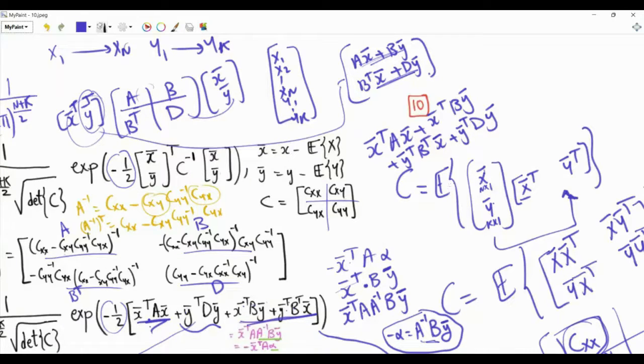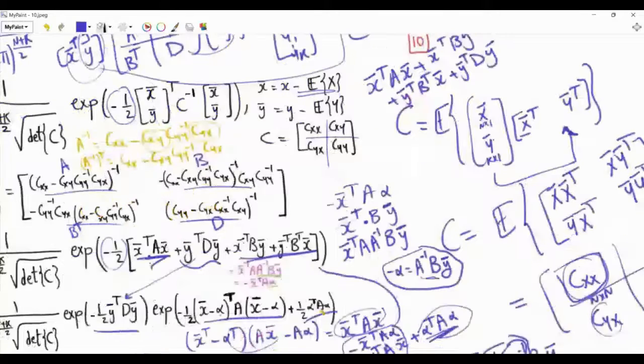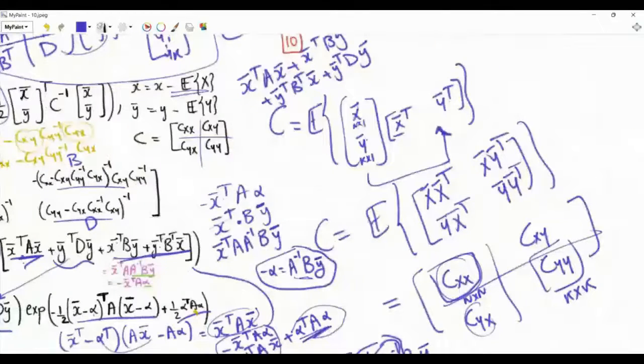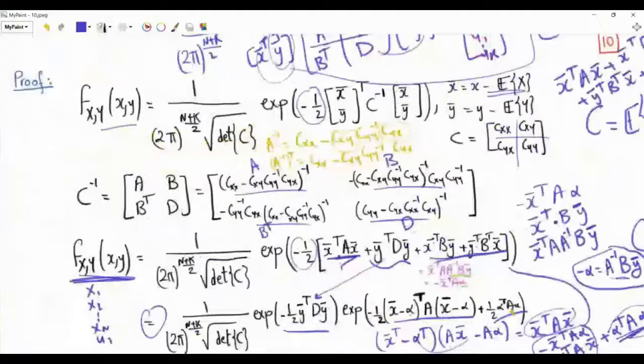And the covariance matrix is the expectation of the outer product of the vectors, computed after subtracting the mean vectors. Now, we wrote down C in terms of these four blocks, and we wrote down its inverse, which is needed here in the exponent, also in a block form.